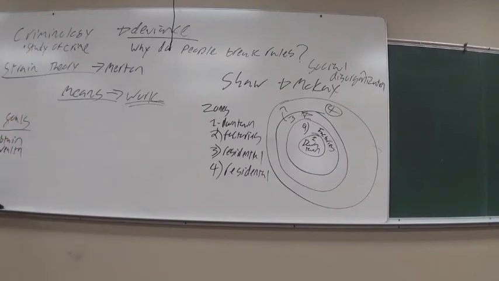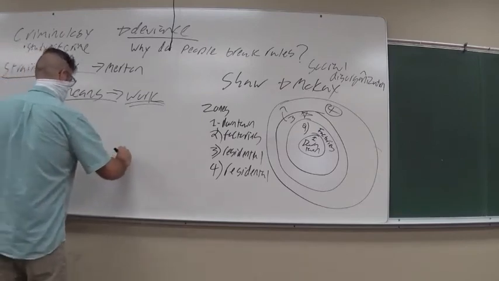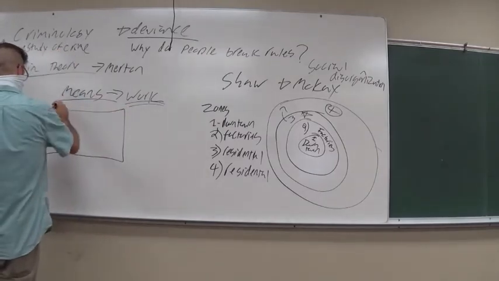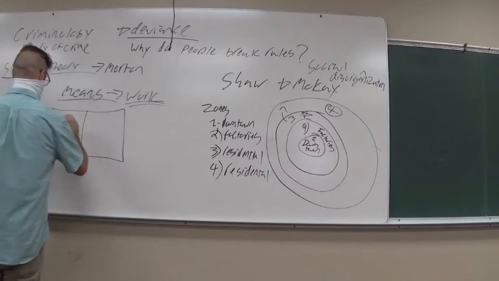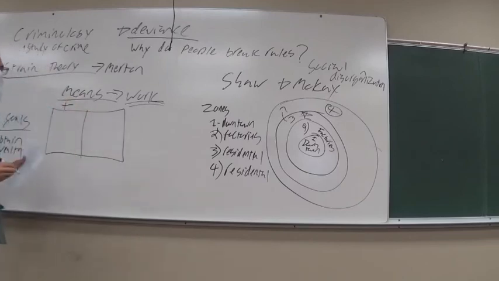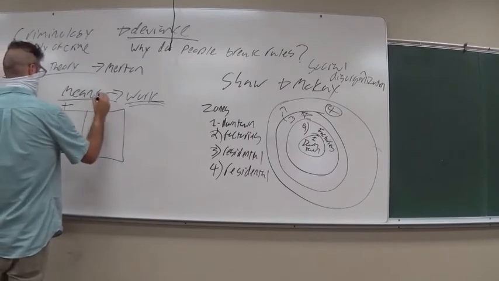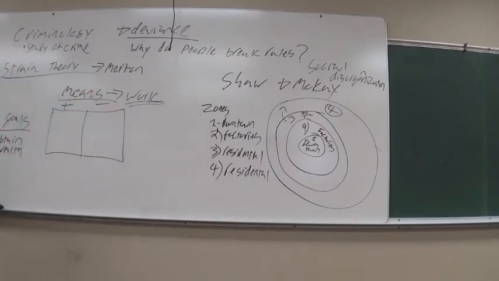So because we don't have a way of releasing this, according to Merton, people have to develop some form of deviant behavior. They either are going to accept the means, or they're going to reject them.